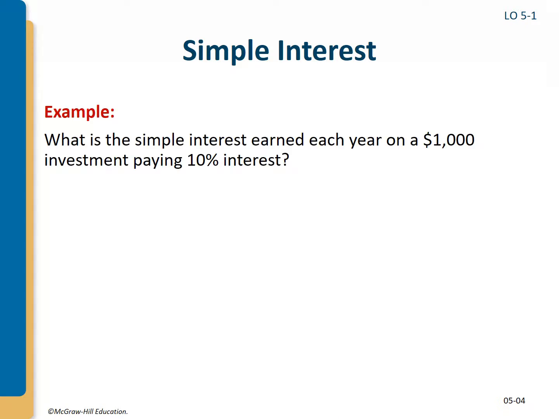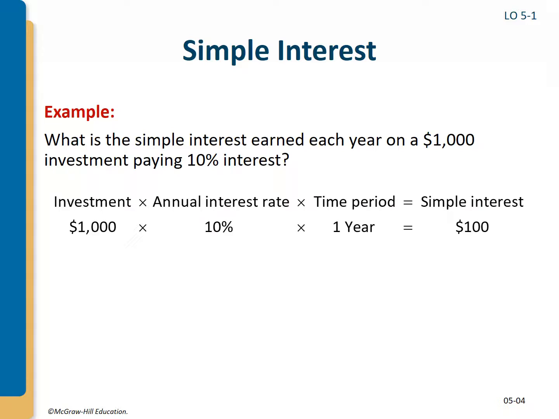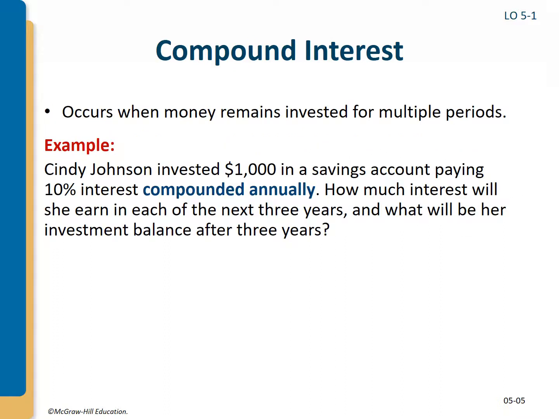Again, what is the simple interest earned each year on a $1,000 investment paying 10%? Well, on simple interest, you're only calculating interest on the initial investment. 1,000 times 10% times 1 year, $100 per year. When it's compound, you won't just calculate interest on the $1,000 initial investment. Take a look.